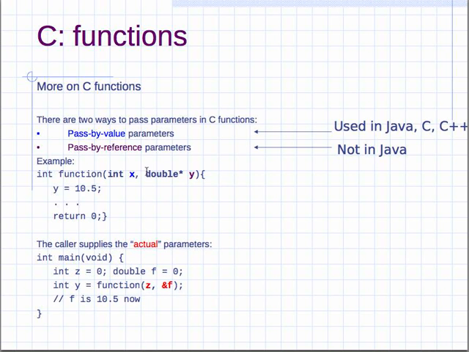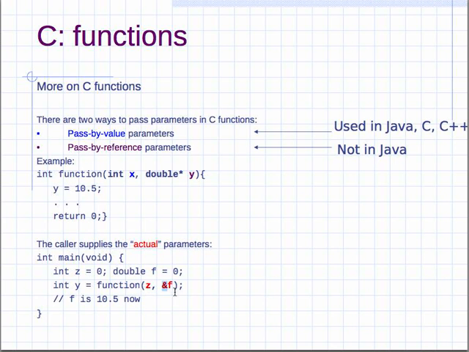Now, if you pass, instead of just a double or int, double star or int star, what you're passing is a pointer. And so when you call this function, you need a pointer. So if you have a double f, you can't just pass f to it because f is double. This function is expecting a pointer to double, and so what you need to do is say ampersand f, for example.